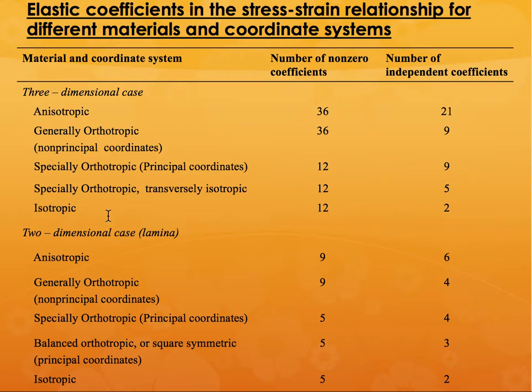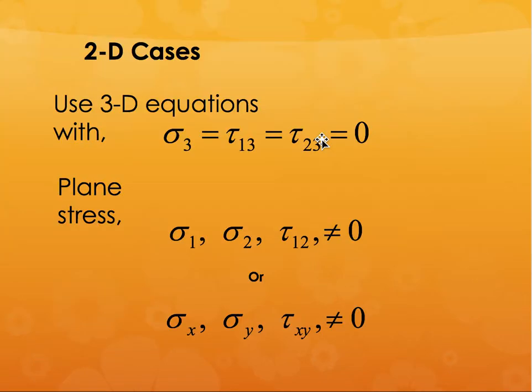In the three-dimensional case, isotropic will have 12 non-zero coefficients, but only 2 independent coefficients. So you can understand how these things are going to turn out. Again, you can represent this in different ways. Let me stop here for this section and continue the remainder in the next section.